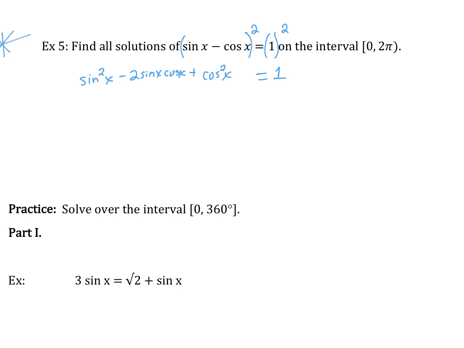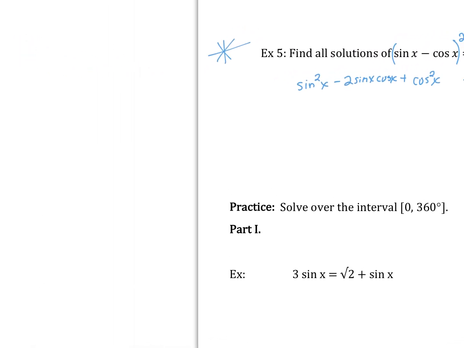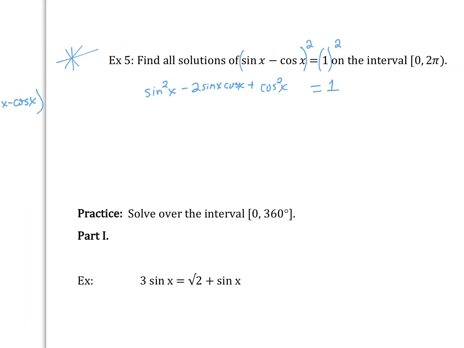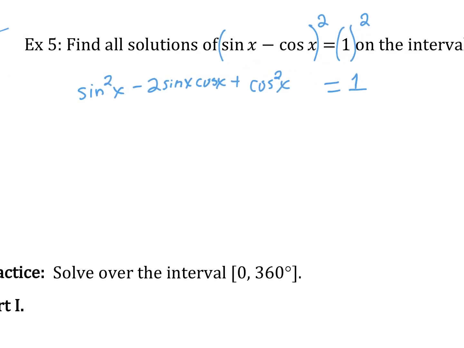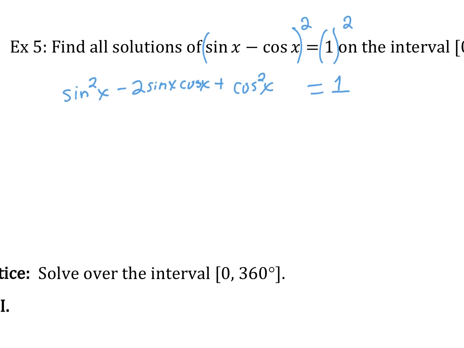Okay, if you're not sure about how that came about, then off to the side here, make a note and FOIL this out. So do first, outside, inside, last, and you'll see how we get this minus 2 sine x cosine x. Okay.